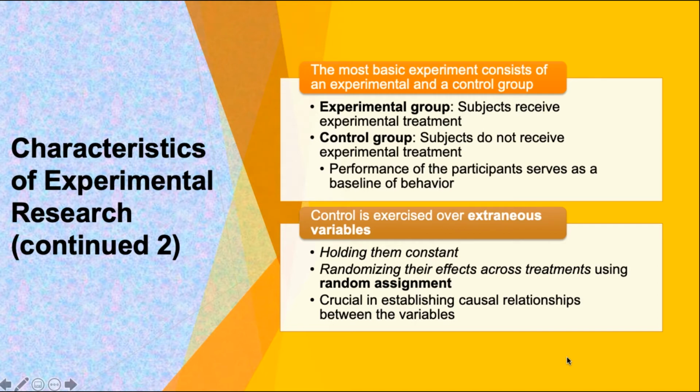So you have some bias. If allowed to vary on their own, extraneous variables can produce uncontrolled changes in the value of the dependent variable, with two rather nasty possible consequences.